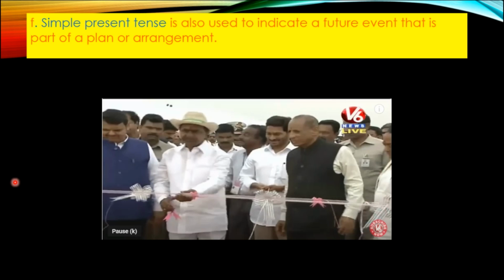For example, visits of ministers and prime ministers, constructions of houses, barrages, bridges, and many events, even in our life also. If you want to marry off our sister, in future we pre-plan it. So such kind of expressions are also expressed in simple present tense only.